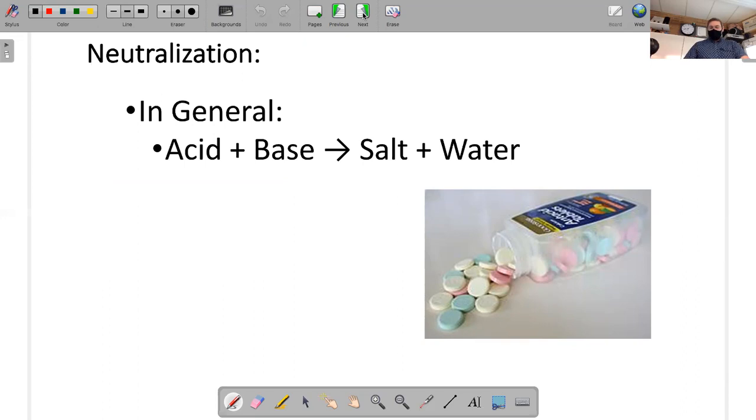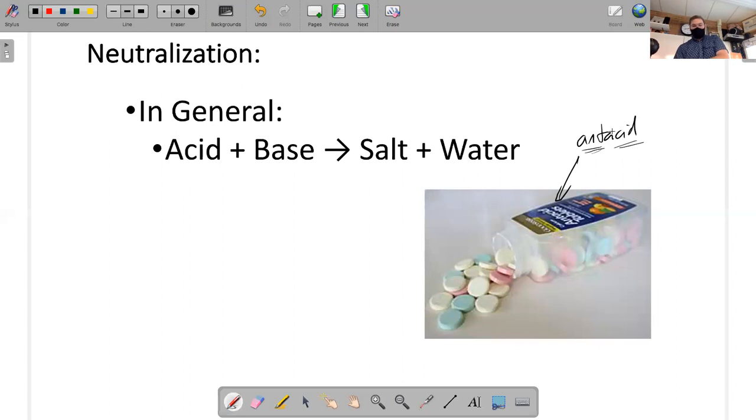you can neutralize that acid with a base. And it turns out that antacid tablets like Tums or Rolaids usually have calcium carbonate or calcium hydroxide in them, which actually increases your calcium intake, which is good for strong teeth and bones. But the term antacid, ant means against or opposite of an acid.